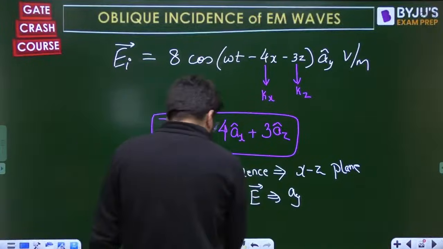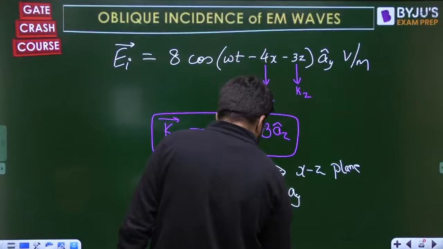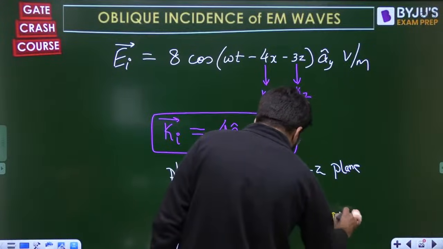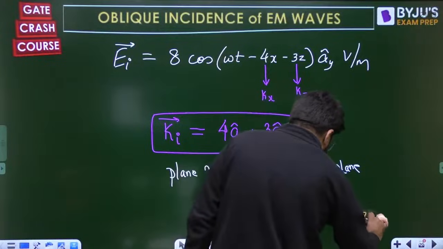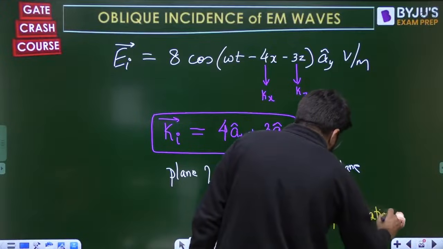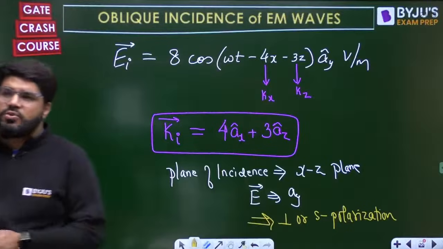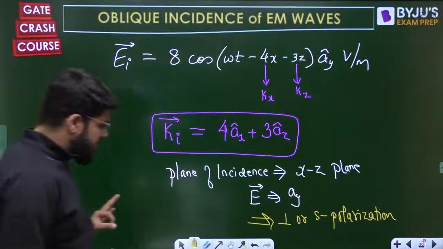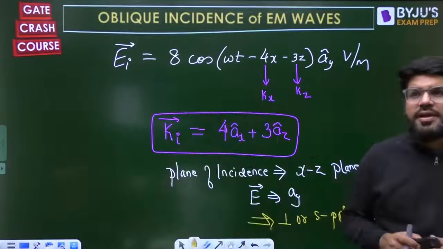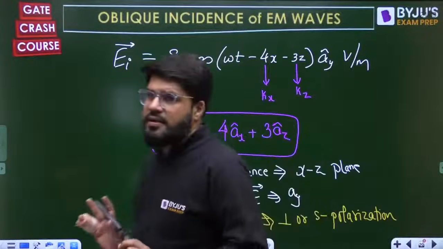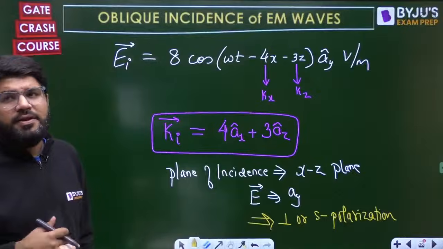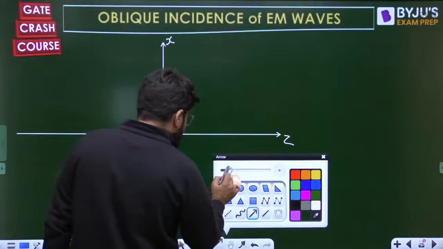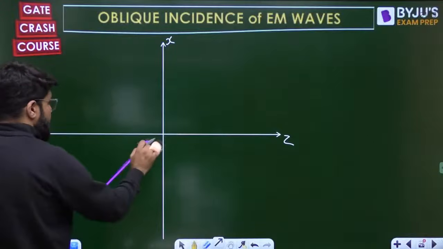What type of case is this? Perpendicular, or simply known as the S polarization. So this is the perpendicular or S polarization case, dear students. Okay, that we now know. It is perpendicular polarization and the wave is traveling in a combination of the xz direction.